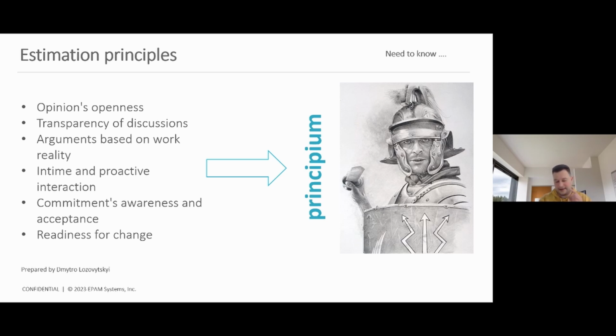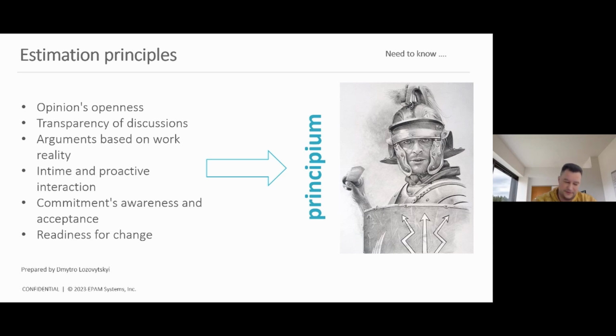That is why they can provide a lot of useful things during discussion. So please take care of opinion openness. Don't forget about that. Please involve all team members to share their opinions directly during the discussion.